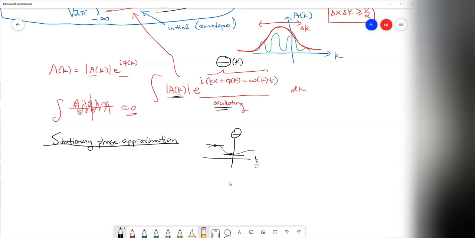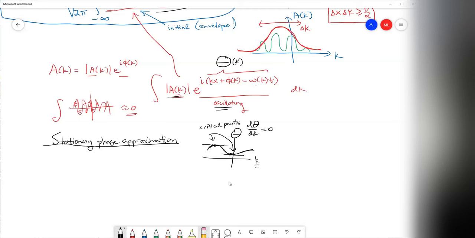And those are the critical points, right? It's where theta has a local minimum or maximum. This is the places where the curve is kind of flat, the critical points. And at those critical points, d theta dk is 0.